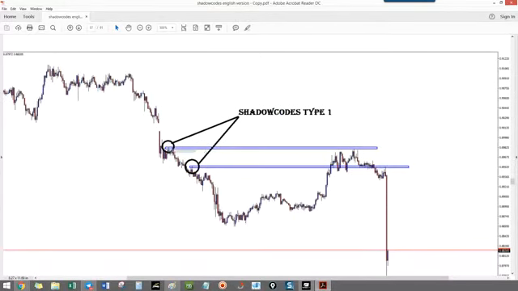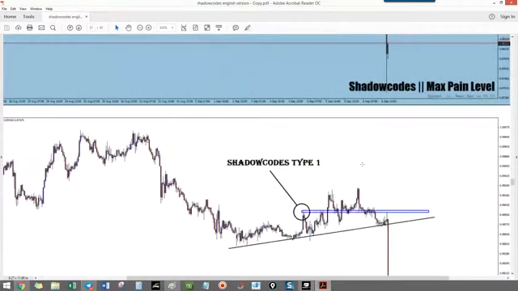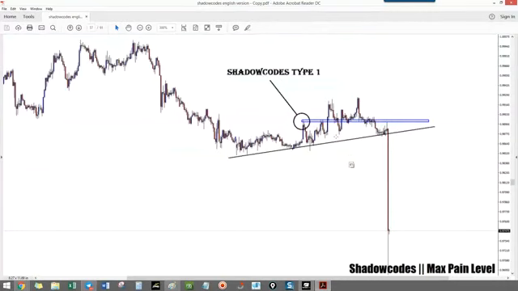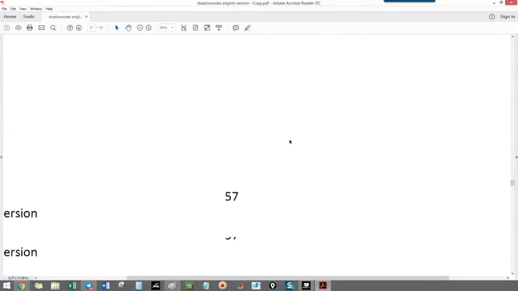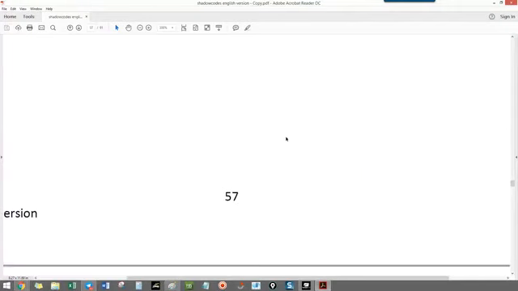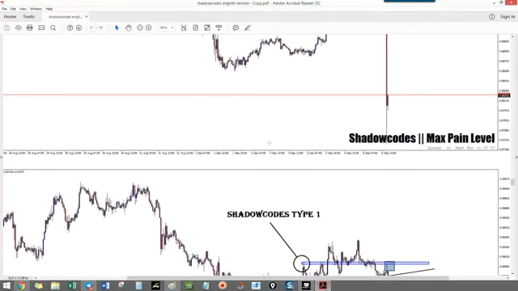You get Shadowcode type 1 here, you get a sniper entry there, and over here you got ST1 also, you got another entry there. This is all during the news. Okay, you got ST1 here, and you got an H and S entry here. Okay, that's it. This is for the example.